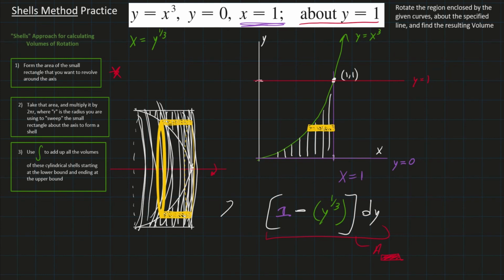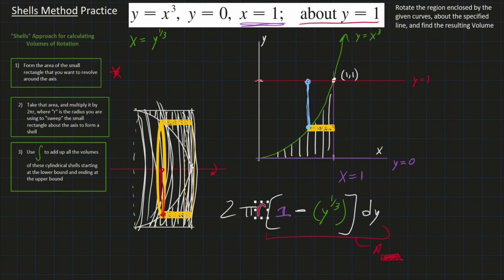Of course, 2 pi r. Let's see what that r is. On my model, my r is this length. On my graph, it is this length right here. It's a vertical line, so it's going to be y, because y's are vertical lengths and x's, or things in terms of x, are horizontal lengths.